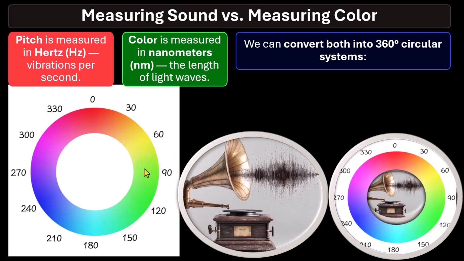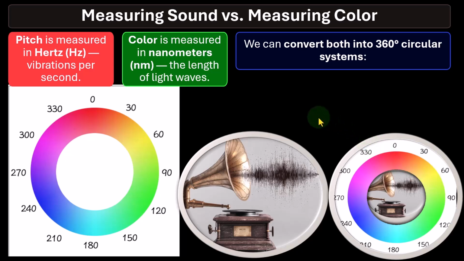So color, you can do the same thing. It's also a spectrum. So we can basically map it out and say whatever the wavelength, whatever the lengths are from the nanometers, whatever they are, I want to fit it into equal units of 360. Because if I have 360, that maps onto 360 degrees, allowing me to map it onto a circle.